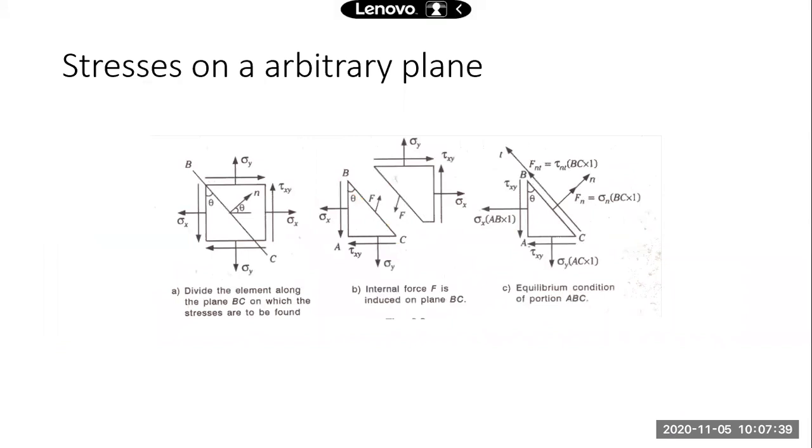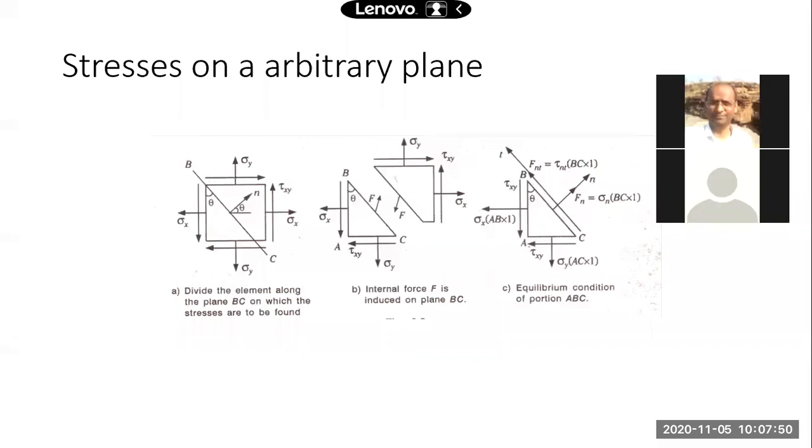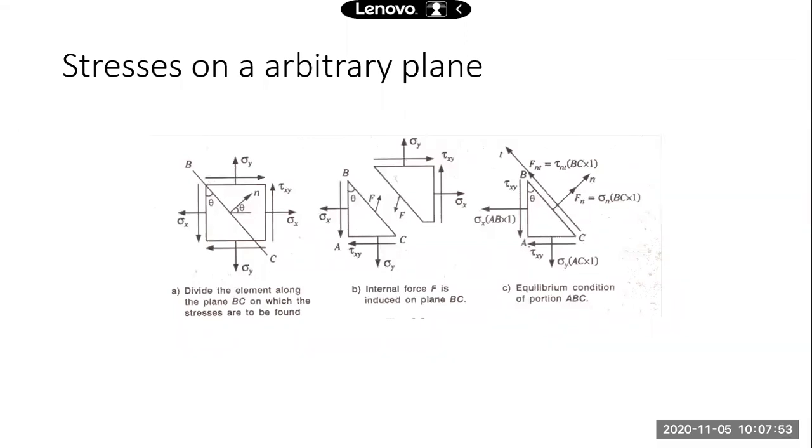Why we are going to do this is that there may be planes which have maximum stresses other than the plane which is perpendicular to our application of load. In case of direct tension or compression, the stress was calculated as sigma equals P by A, where the area considered was perpendicular to the axis of loading.